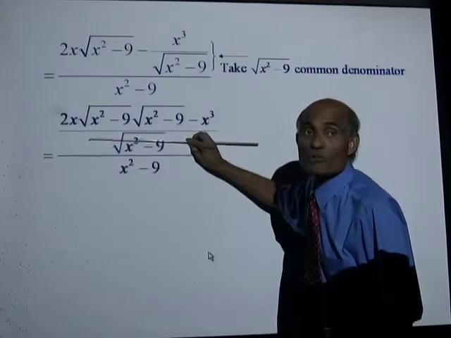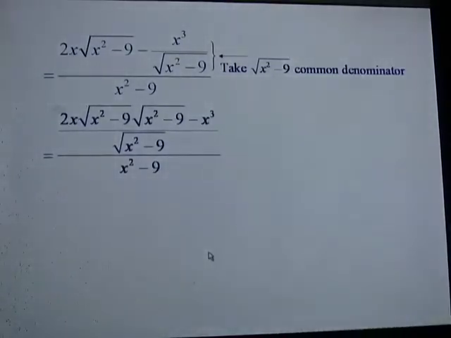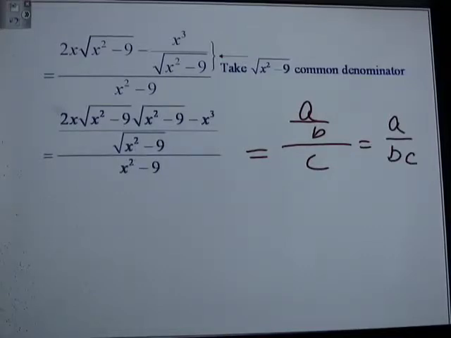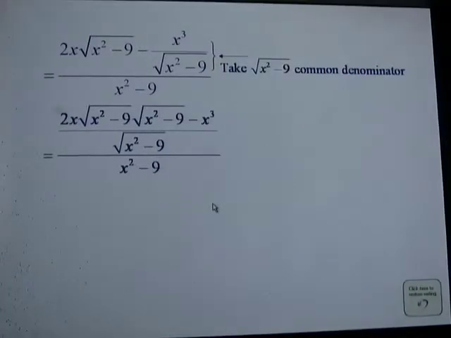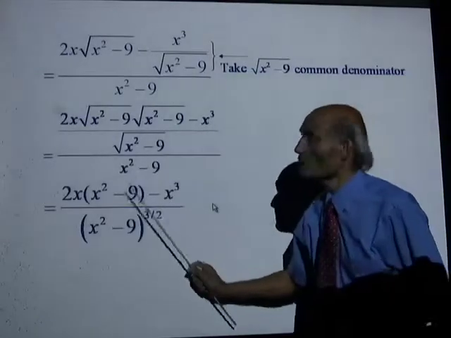And now in the next step, these two together will be the denominator. Is that right? Well, I hope you know all this simple algebra. This is something like A over B all over C. A over B all over C will be A over BC. And that's what we're going to use in here. So when you simplify this, these two are going to combine to become the new denominator.